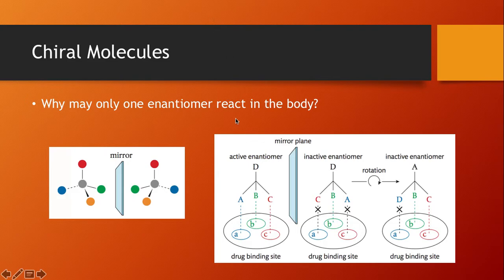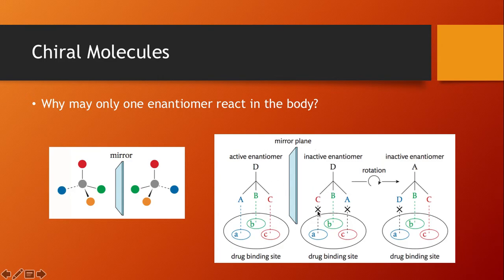On the left-hand side, we have the active enantiomer, which is arranged in a certain way, and you will see that it'll react with the drug binding site and it'll fit perfectly. So A to A, B to B, C to C. But if we look at its mirror image, its inactive enantiomer, you can see how this molecule is an enantiomer of the one on the left.